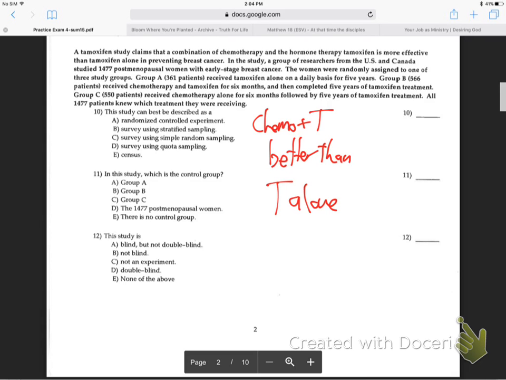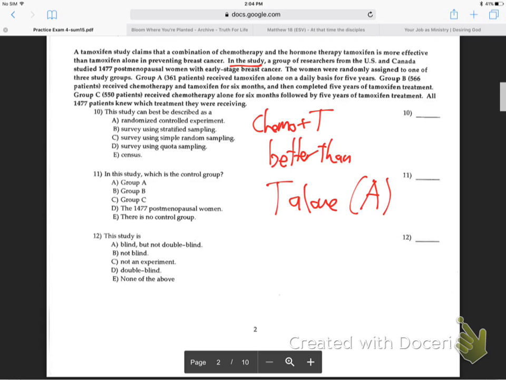Okay, I'm in the second sentence now. In the study, a group of researchers from the U.S. and Canada studied 1477 postmenopausal women with early-stage breast cancer. The women were randomly assigned to one of 3 study groups. Group A is tamoxifen alone. Group B, so that's good to write this. A is tamoxifen alone.